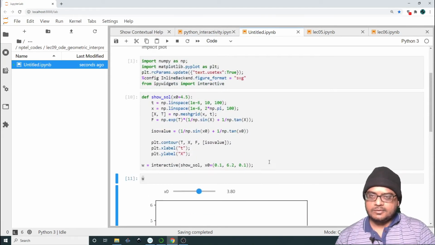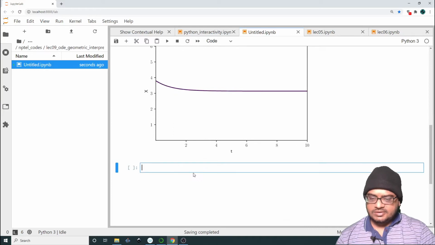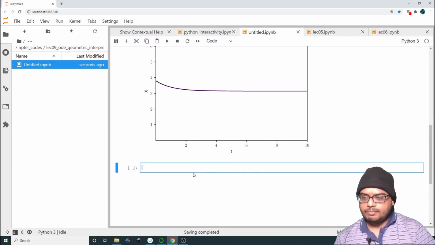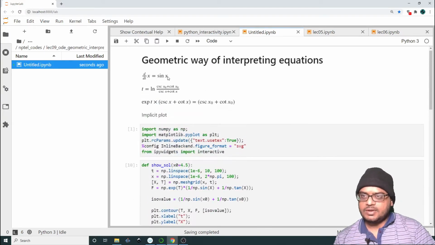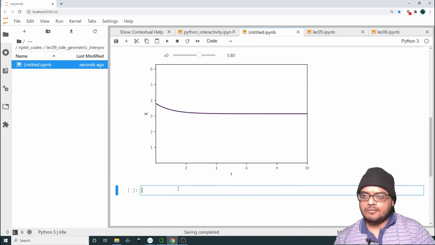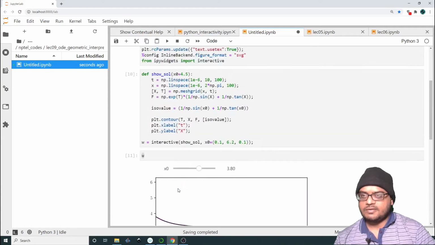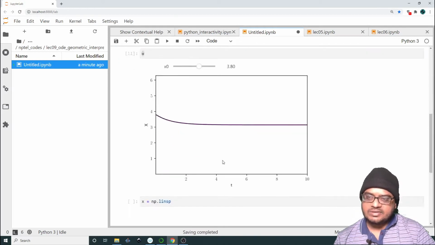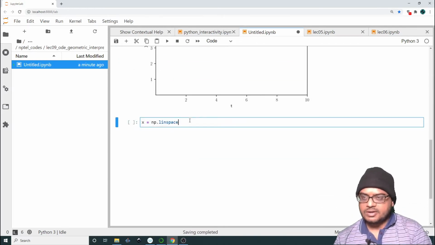Let's see. Let us now just plot this. Let me just plot x and sin x. Let us try to understand what actually is going on. So let me define x as np.linspace. In fact, we have defined it already, but it's wrapped inside a function, so we can define it outside.